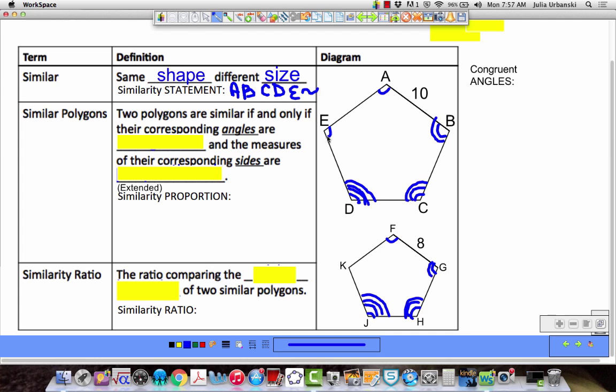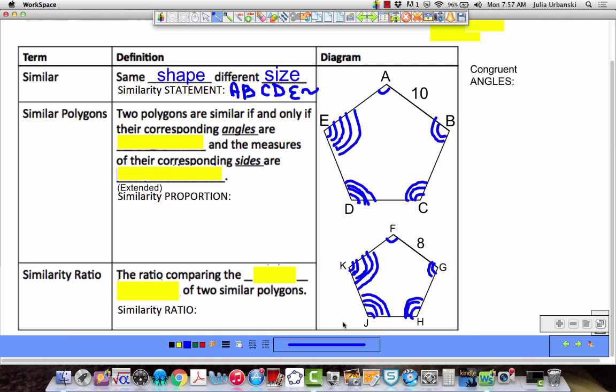And then we have 5. You mark them up that way. And that would be something that would be given to you. Either the statements or the markings like that would be given to you.